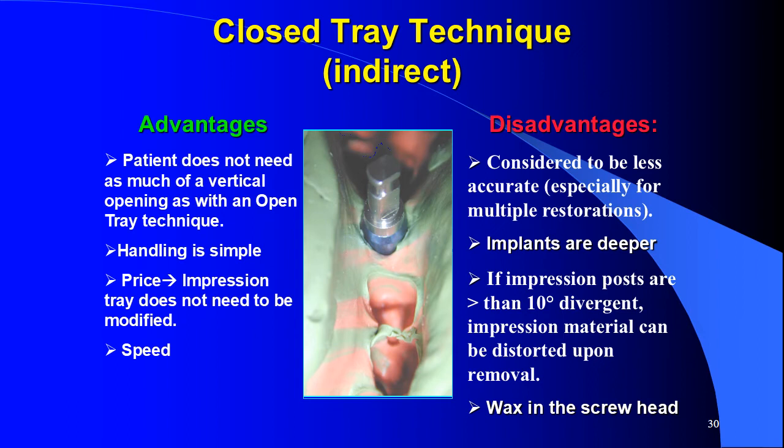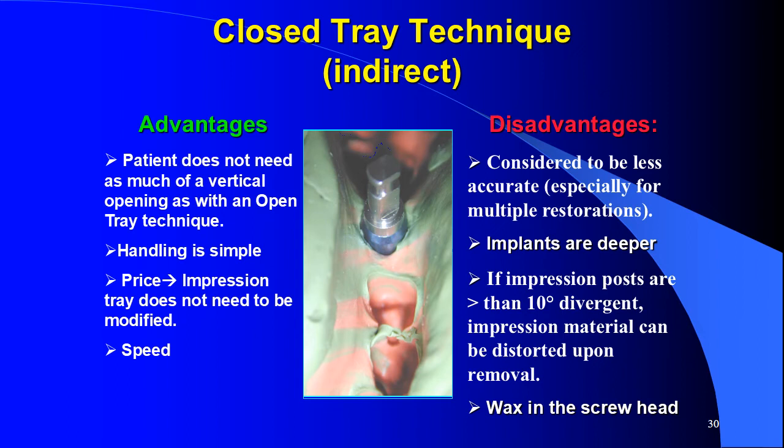We can use any tray that is suitable for the patient mouth, and this method is fast and does not need much time. The disadvantage is considered to be less accurate, especially for multiple restorations.